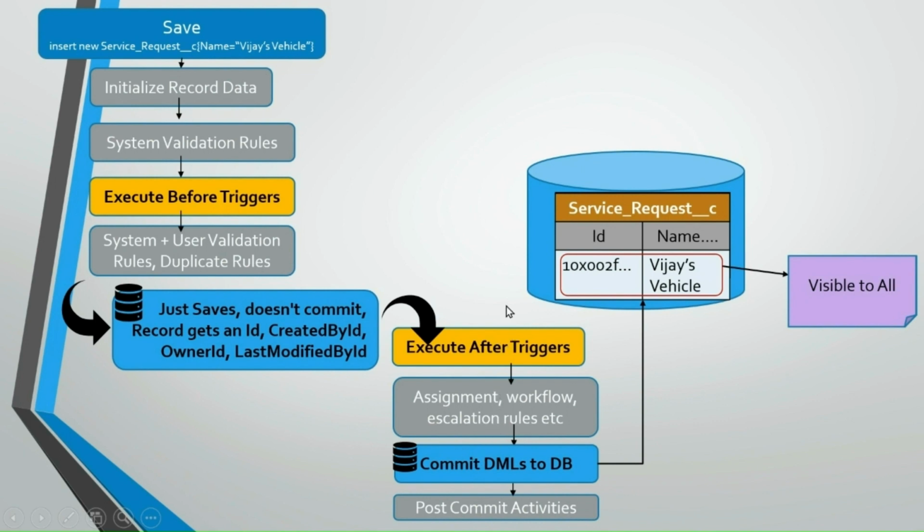The main thing that we need to observe here is that at this step, Salesforce only saves the data, it does not commit, and after this, it will commit the DB. And around the save operation only, we have before triggers and after triggers, but not around the commit DML.